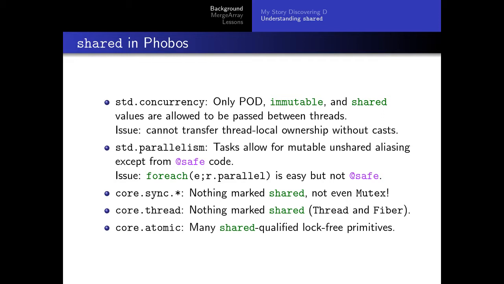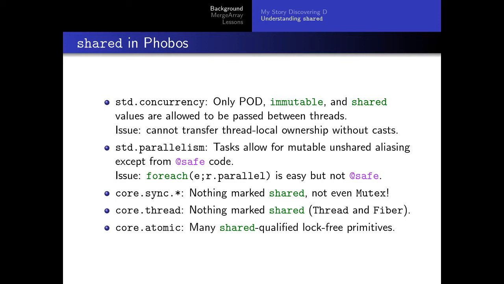I have an example here: if you just do foreach element in some range.parallel, that's a very easy thing to do, but you're passing in a delegate that has access to the full scope of the current function without any type checking or other warnings that would allow that to be verifiably safe.